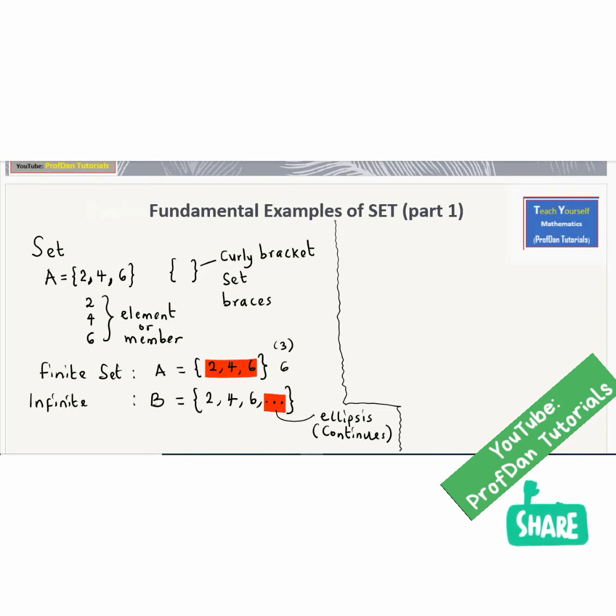There is something we also call set builder notation. How does it work? For example, let's say we have something like this. Let me have a curly bracket, and let's write x, then a slash, and let's say x greater than 5. Let me close the brackets. Now, what does this mean?